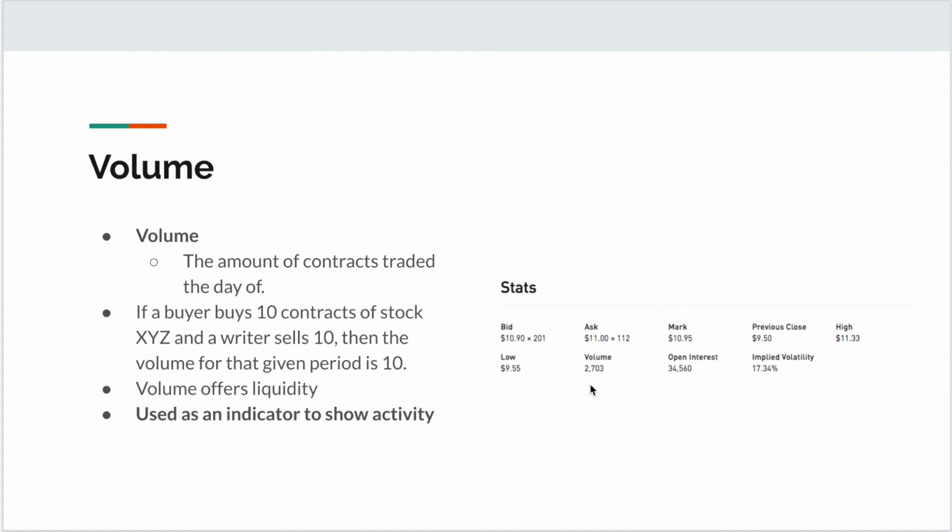So volume offers liquidity because it goes hand in hand with bid and ask, and it also gives you almost a cheat code. If you are familiar with options, which I hope you are getting more familiar now, it gives you an insight on what the market sentiment is at the moment. So it's not just looking at the stock's volume, but now you're looking at the option traders' volume, which they set for a week, 2 weeks, 3 weeks.